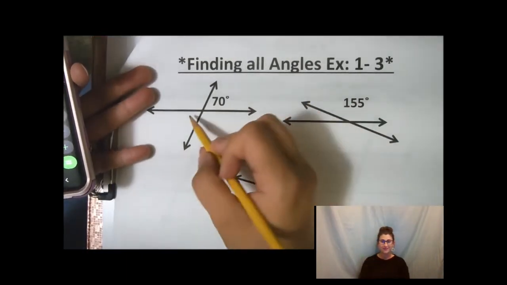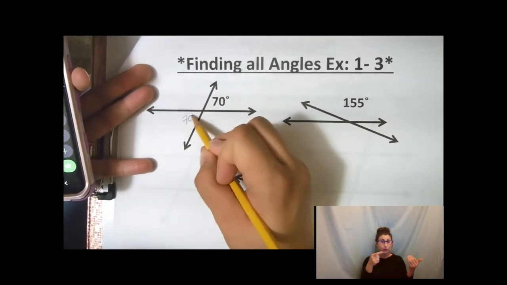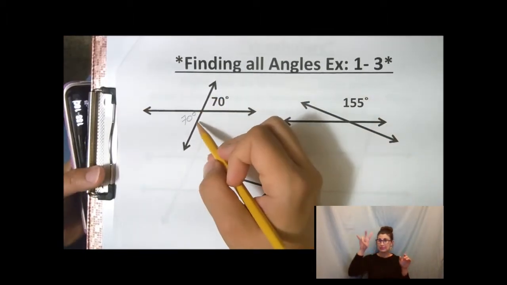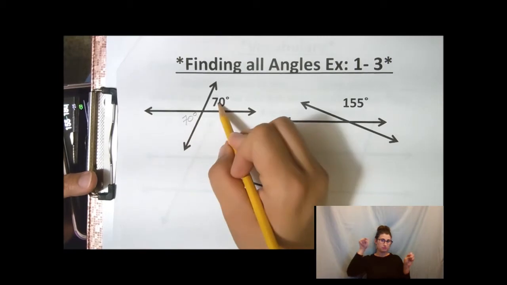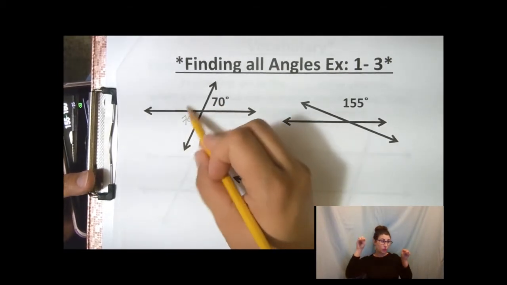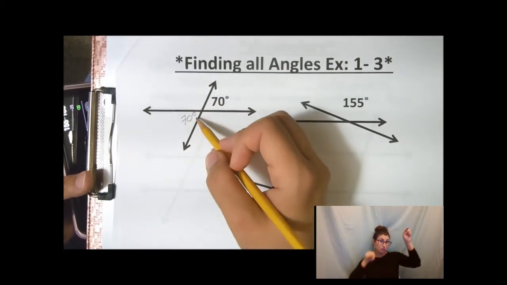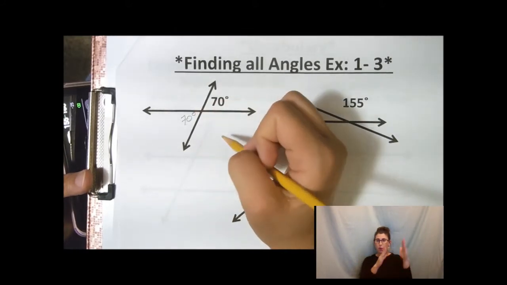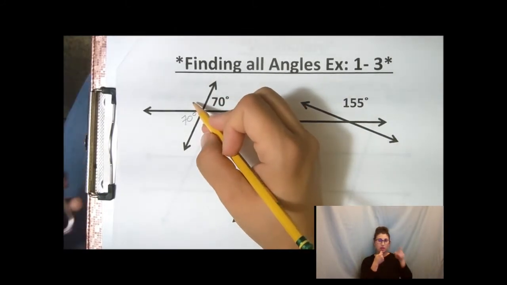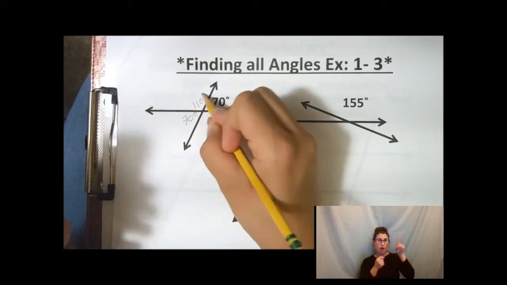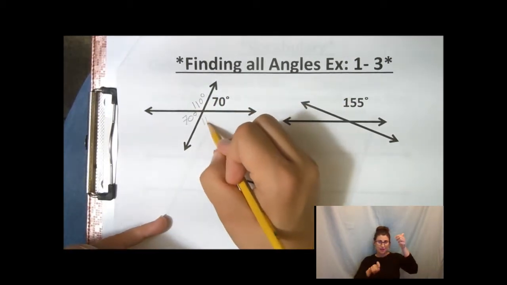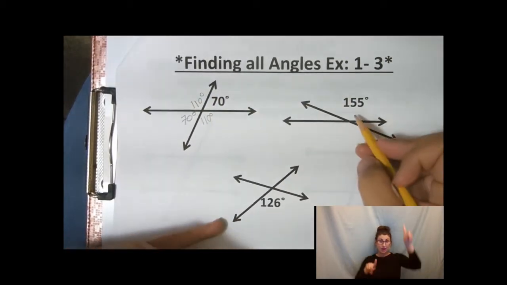All right, so hopefully you said this was 70 degrees. If this is 70 and that's 70, over here or over here, it doesn't matter which way you go. Hopefully you said that this one is 110 degrees. If this is 110, this is 110. Let's look over here.